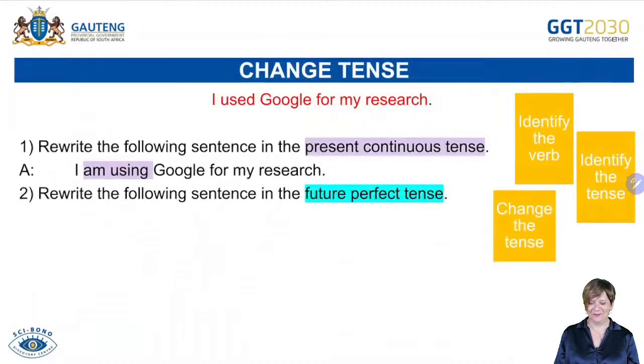Let's try another one. Now, same sentence. I used Google for my research and I wanted you to use it in the future perfect tense. Okay, so you know future tense is always will or shall. Perfect tense, what have you always been using with a perfect tense? Either has or have.